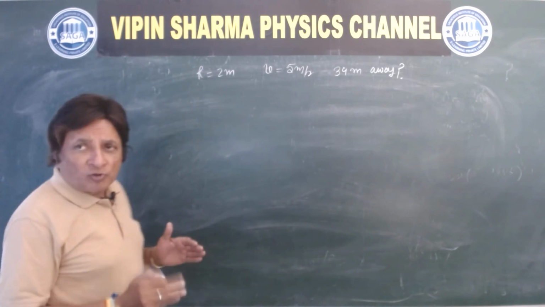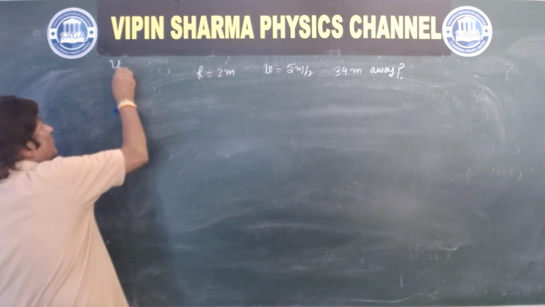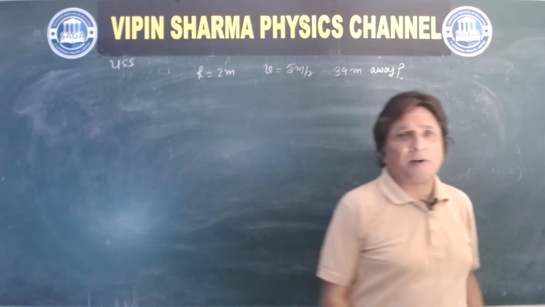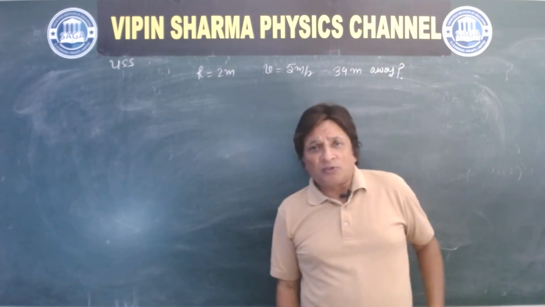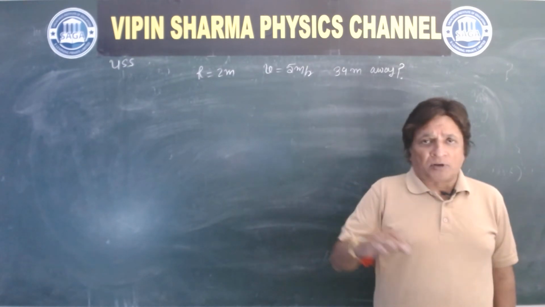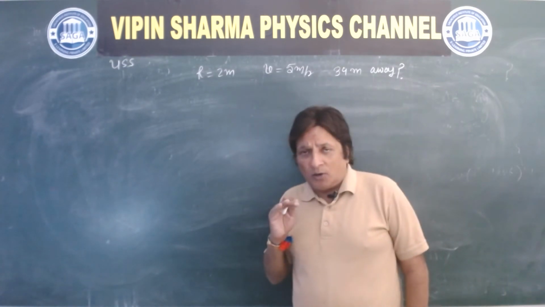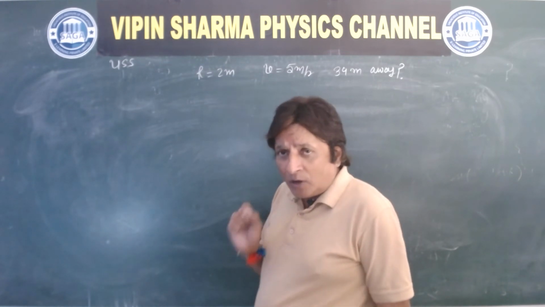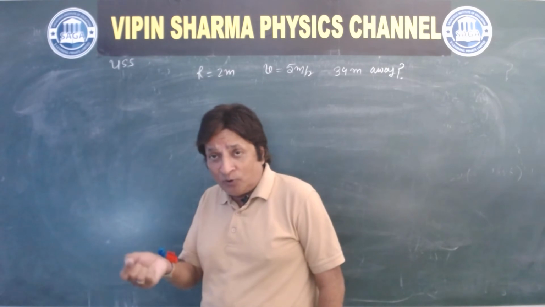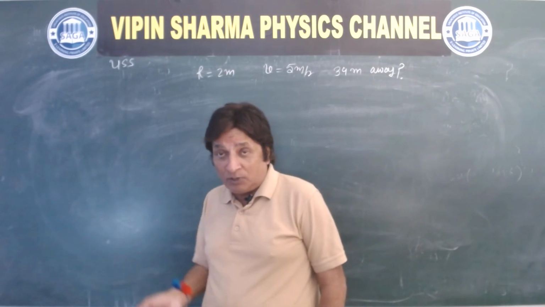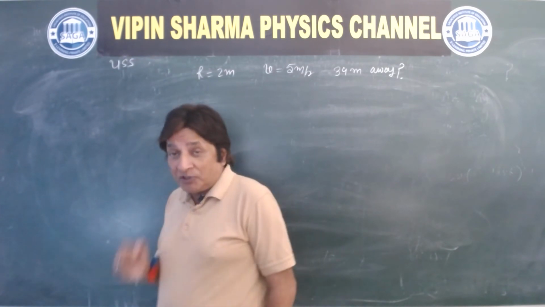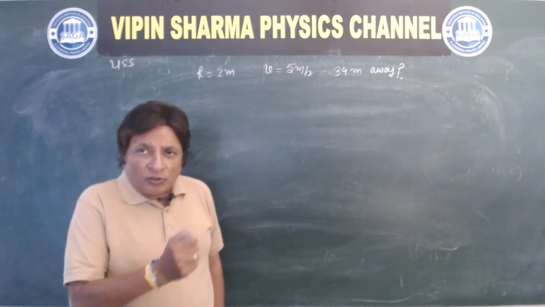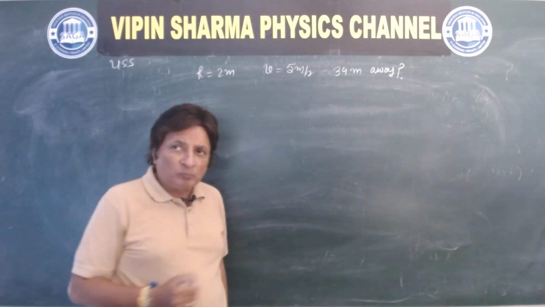When you solve a numerical, the first step is USS, understanding of the statement. There is a parked car and the car has a side mirror, a convex mirror, with a very large field of view, of radius 2 meter. You are sitting in the car and looking at a jogger jogging towards the car with a speed of 5 meter per second.